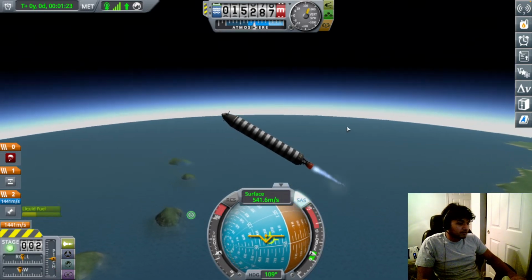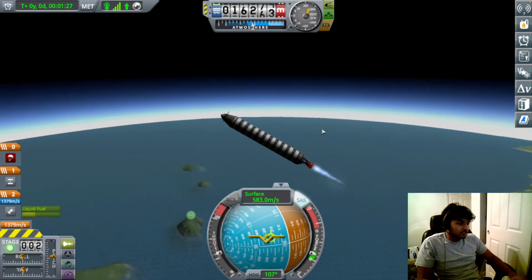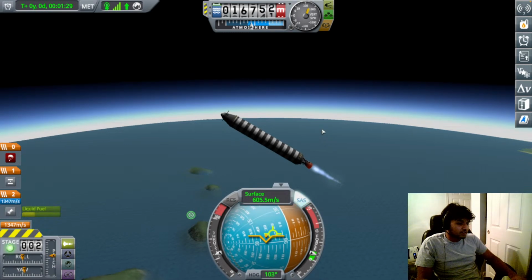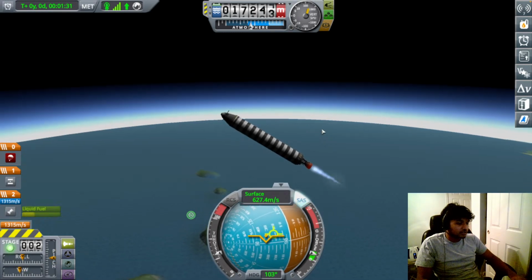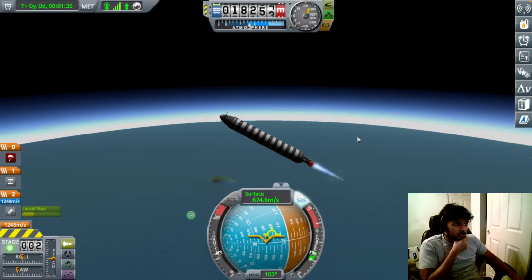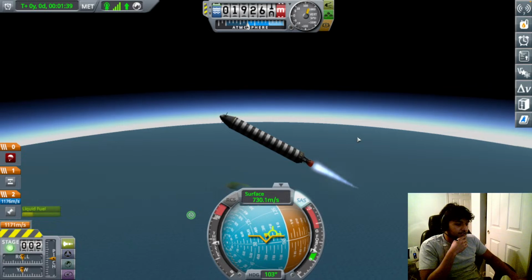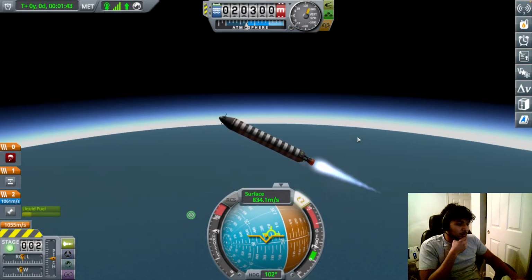This is a very nice flight. I'm excited to see what our apoapsis is of this flight. So as we are exiting the atmosphere, I go ahead and throttle up to a more maximum here.